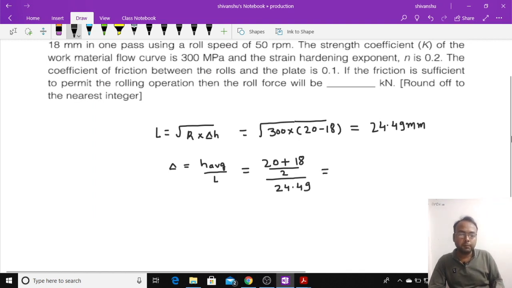So the value of this comes to 0.77, which is less than 1. So friction force is important.